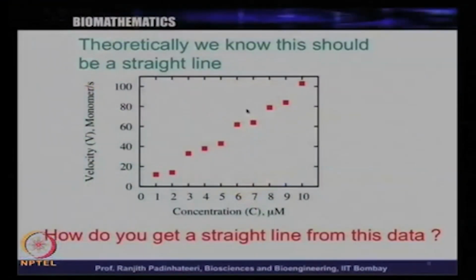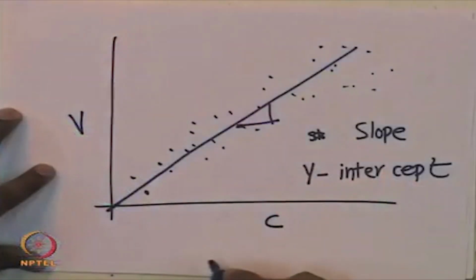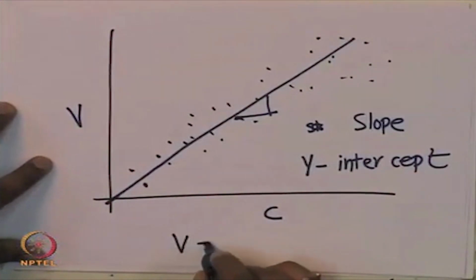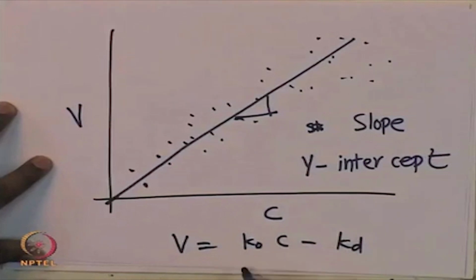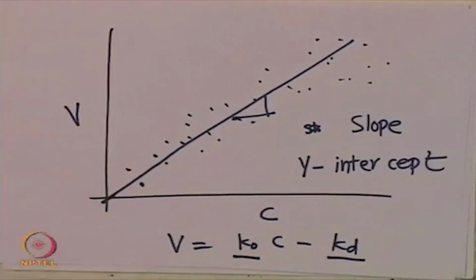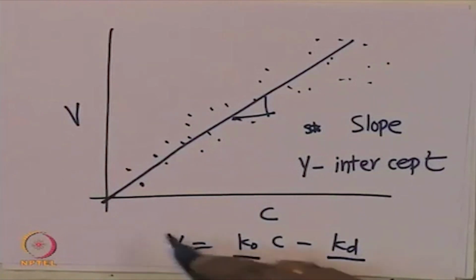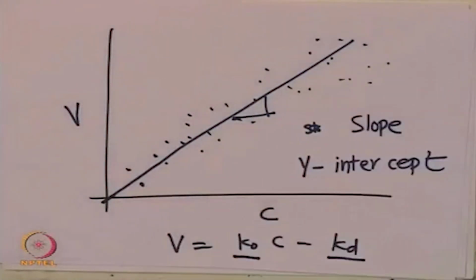But at this moment we have this data, and here we are taking the example of actin polymerization. So, from this example we expect that if you plot V versus C, V is equal to K0 C minus Kd. So, we need to know two parameters, K0 and Kd. If we know these two parameters, I can plot a straight line.